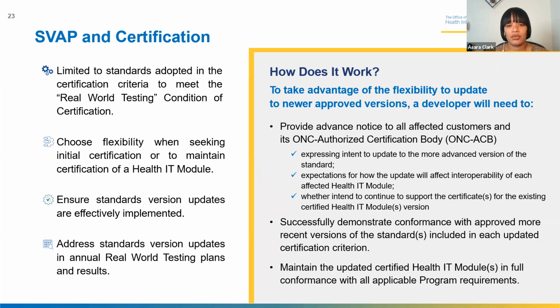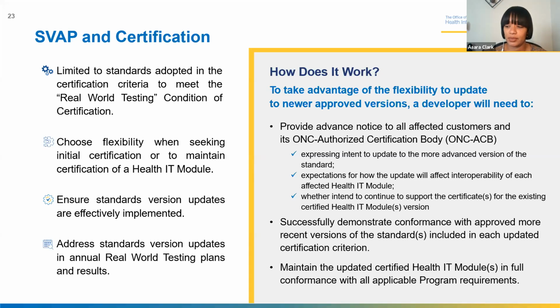You actually can update to newer versions of standards that have been approved by ONC for existing certifications, or you can also do it for initial certification. So if you're coming into the program with an initial certification, you actually can choose to certify to a newer approved version of a standard that has been posted by ONC. So that's the great thing about it as well.